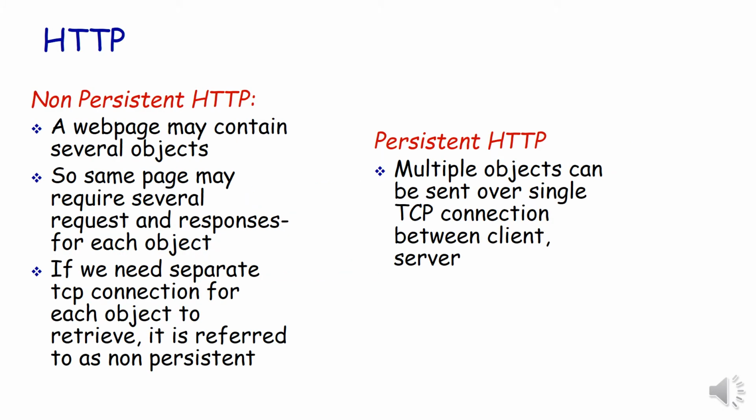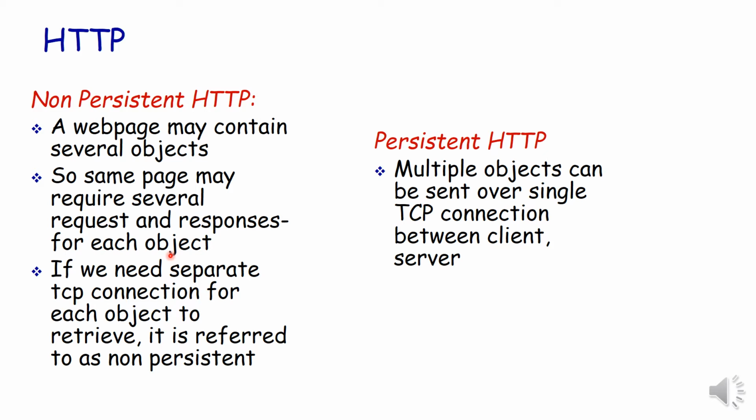HTTP works in two different methods. One method is non-persistent and the other method is persistent. As we know, a web page contains several objects, and a page may require several requests and responses, one for each object.